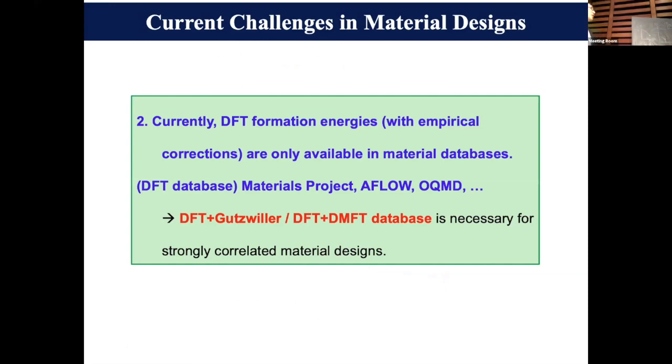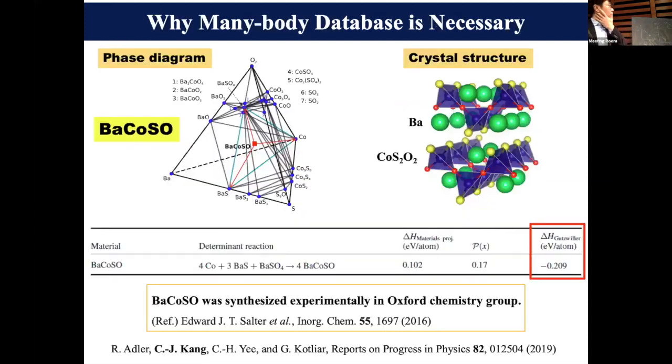Okay, the second issue in the global stability is that currently the DFT formation energies are only available in the materials database. In order to do reliable material design for strongly correlated electron systems, a Gutzwiller or DMFT database is necessary. BaCoSO is a good example.